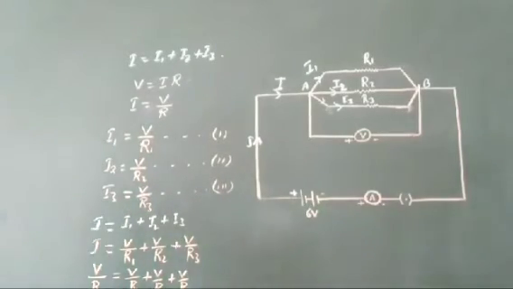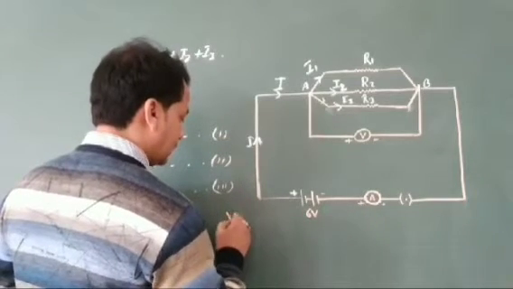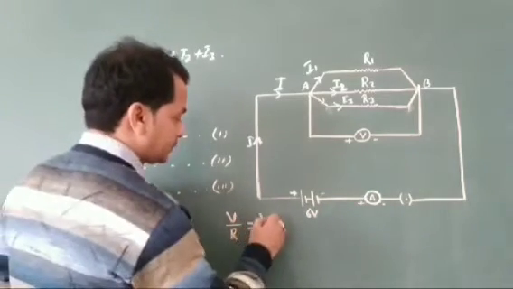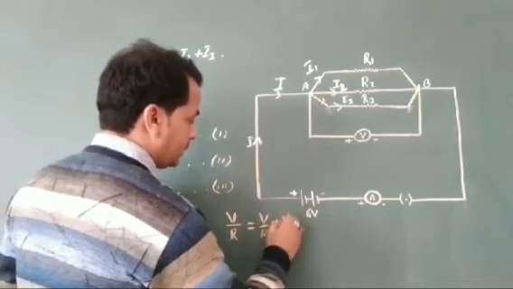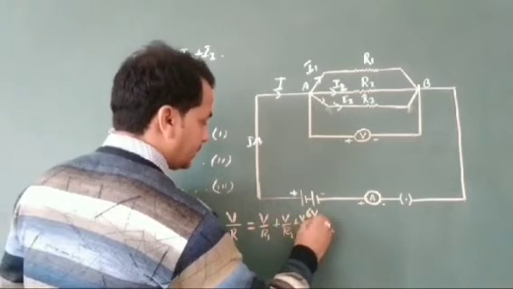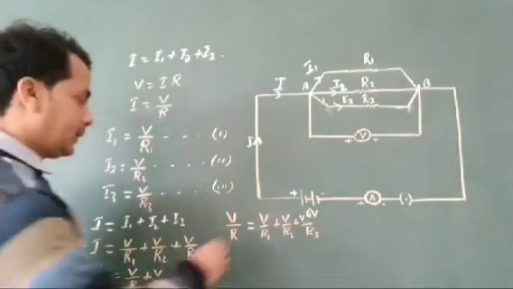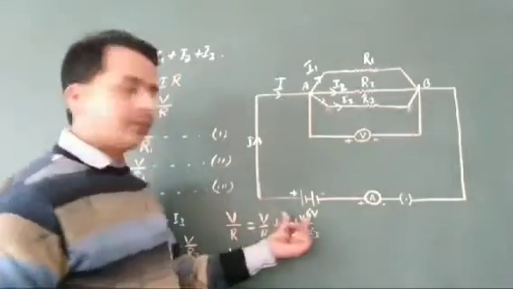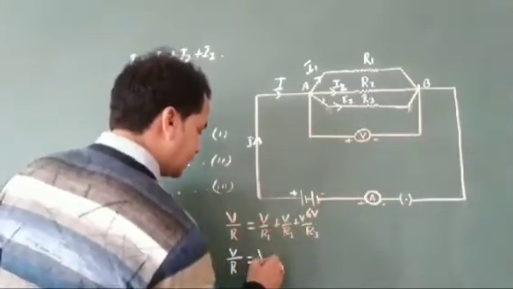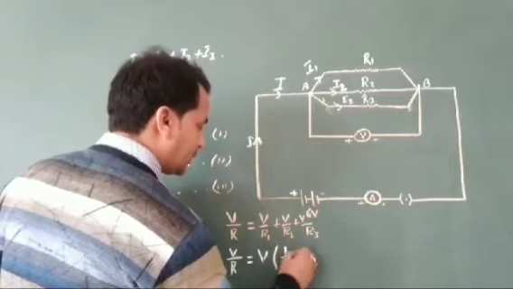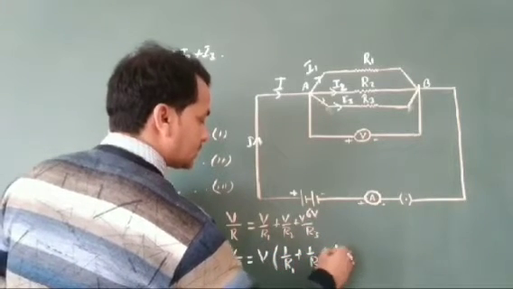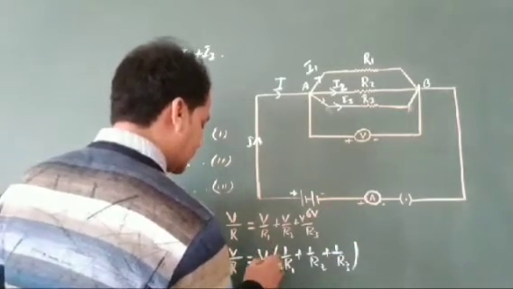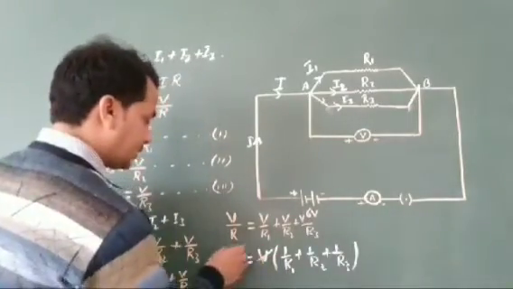Here the potential difference is the same, so there is a common V: V times 1 by R1 plus 1 by R2 plus 1 by R3. The potential difference is the same on both sides.